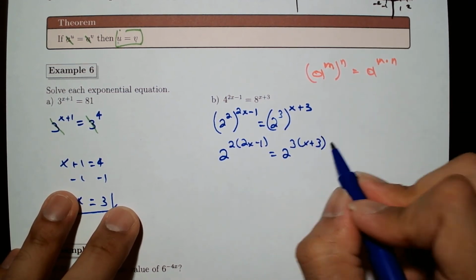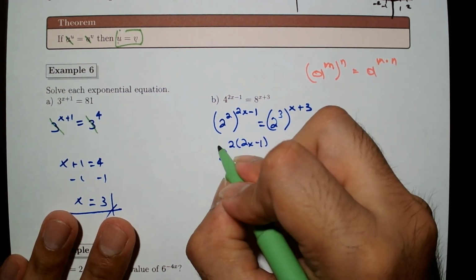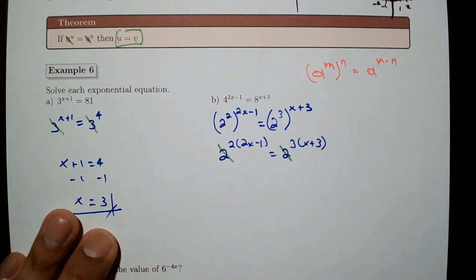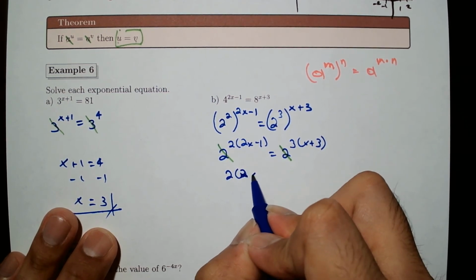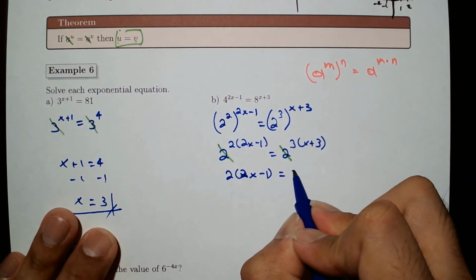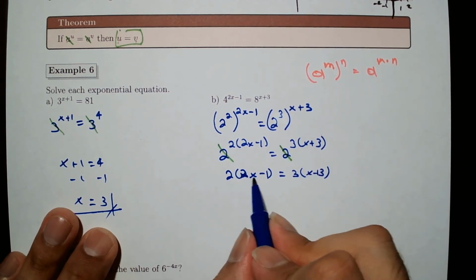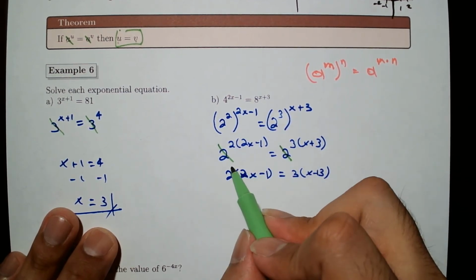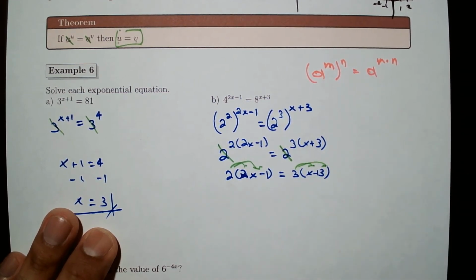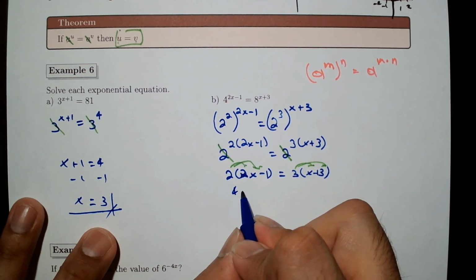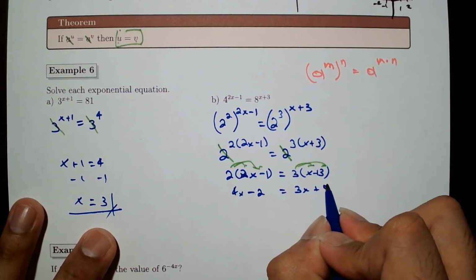Again, we got to the point in which the bases are the same. Cancel the bases and keep the exponents. All we have to do here is use the distributive property to solve this equation. So 4x minus 2 equals 3x plus 9.